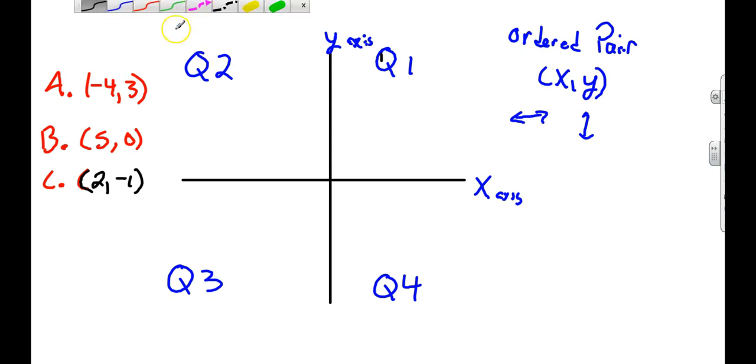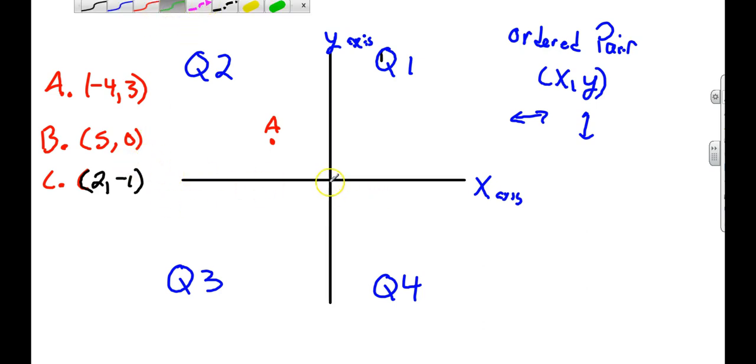So if we're graphing A, go -4, and again, that's your x-axis. Negative will go this way, so go 4 to the left, and then 3 up, which would put you up in quadrant 2. Then 5, 0.